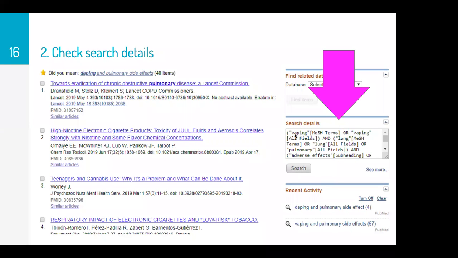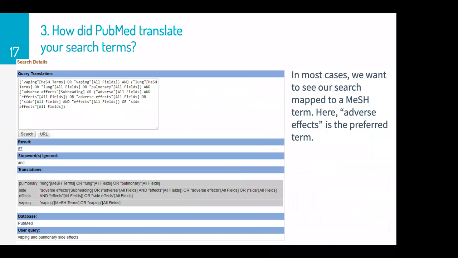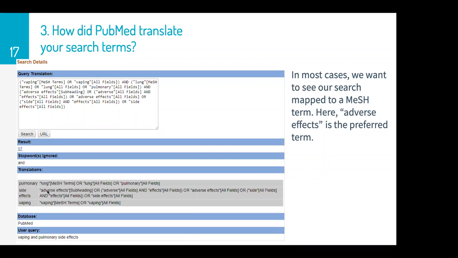There's an expanded view; if we click on see more, we open up the search details. It's good because we see that vaping is being translated to a MeSH term, side effects is being translated to adverse effects, so it understands what we mean, and pulmonary is being translated to lung.